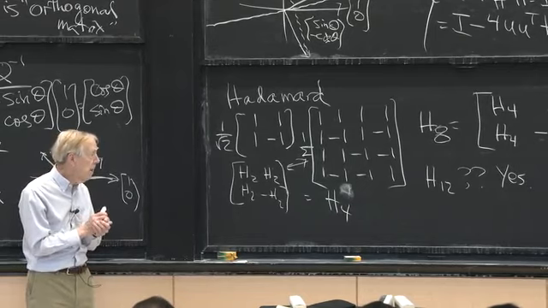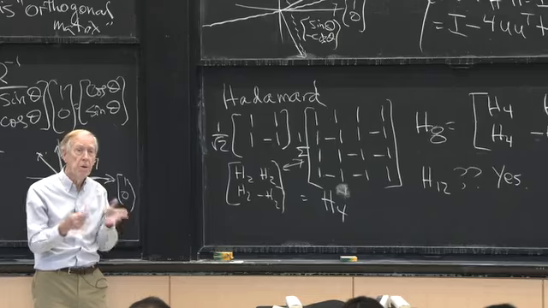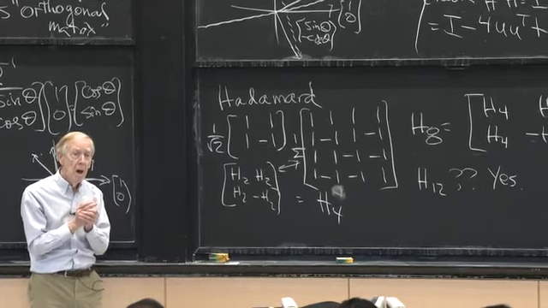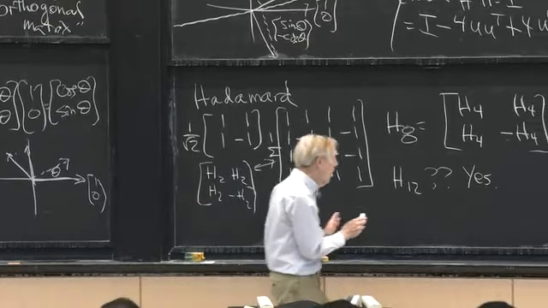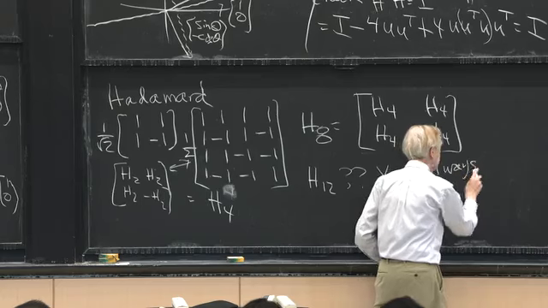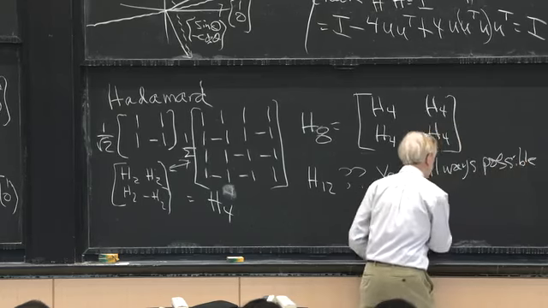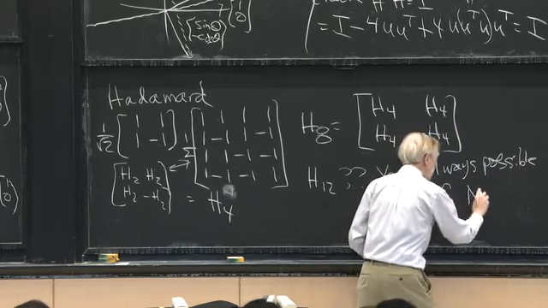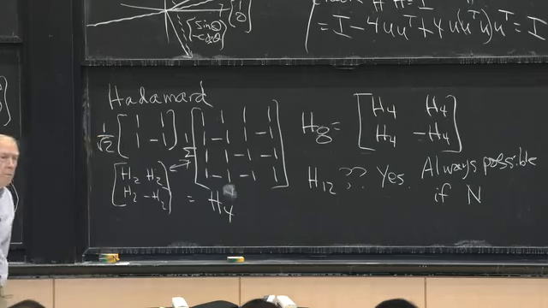That there is a ones and minus ones matrix with orthogonal columns of every size n. So always, I'll start the conjecture: always possible if n, the size of the matrix, let's say, what would you guess?